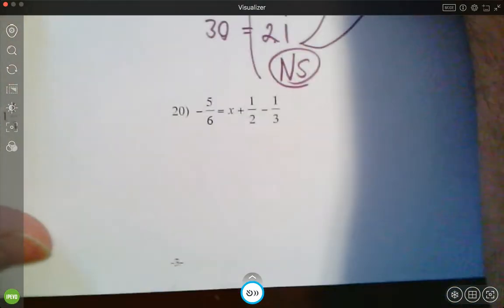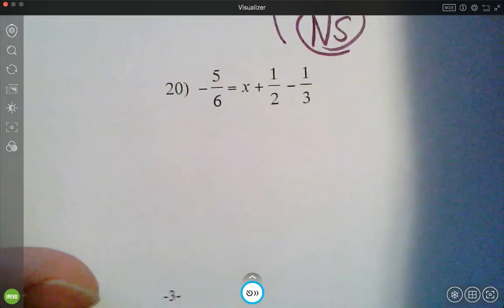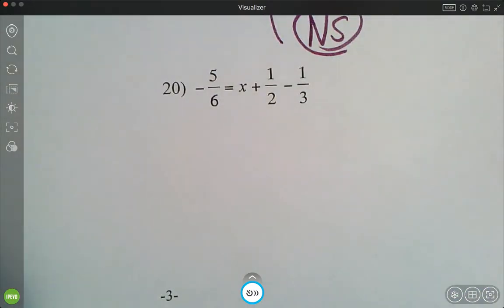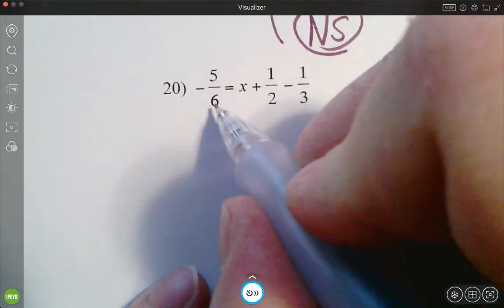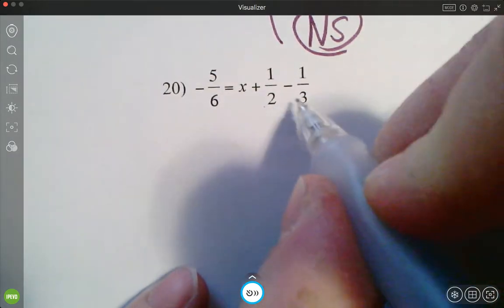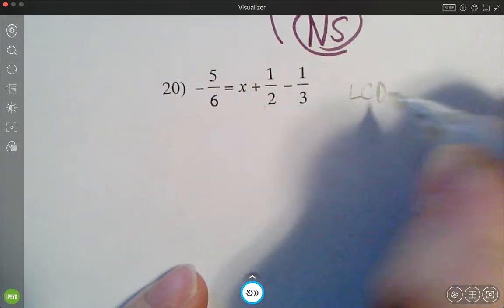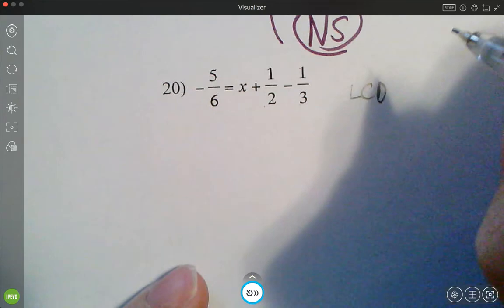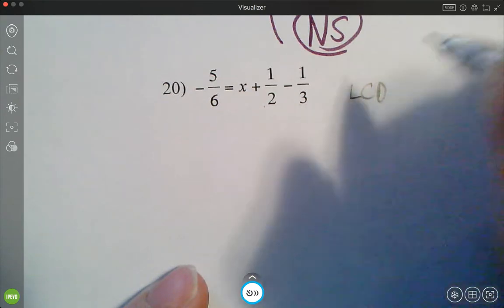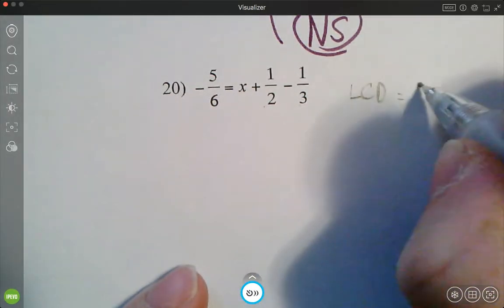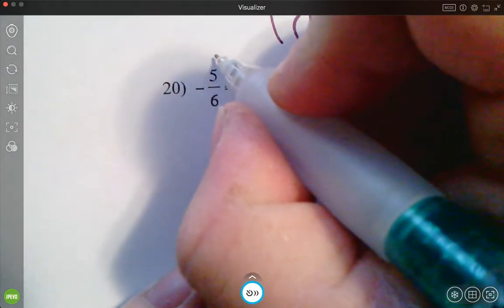Let's try number 20, because these used to be fun. You remember how to clear the fractions? So I'll use the pencil here in case I make a mistake. You had the denominators 6, 2, and 3. So remember, we would look for the LCD. The least common denominator here would be 6. So we would multiply every fraction.